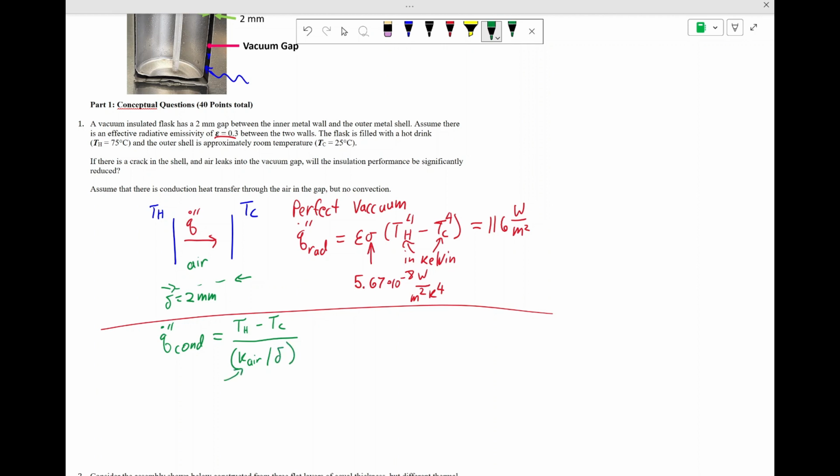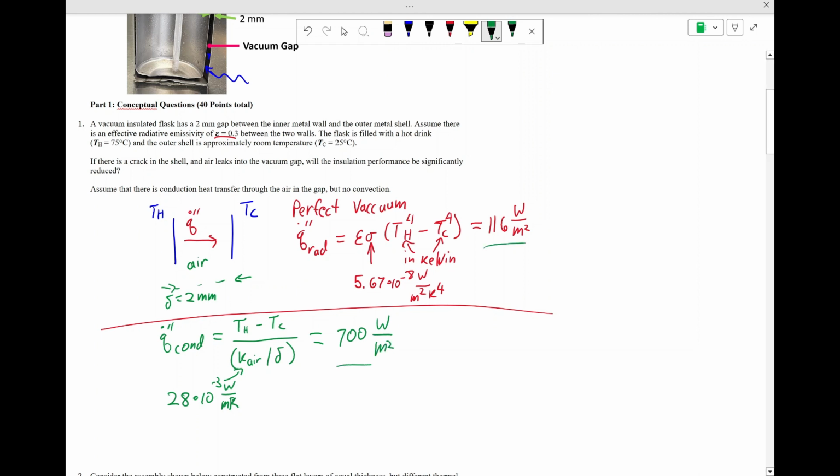And here, k of air at some average temperature between the two surfaces, so let's say at about 50 C, if we look that up, is 28 times 10 to the minus 3 watts per meter Kelvin. So if we plug this in, we're going to get 700 watts per meter squared heat flux due to conduction through that gap.